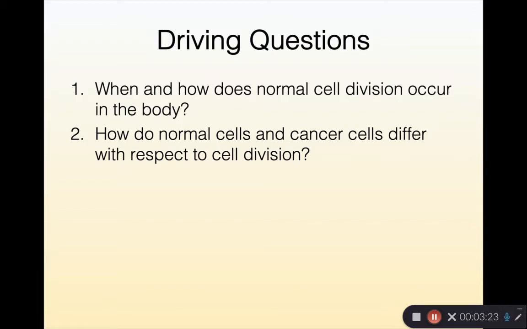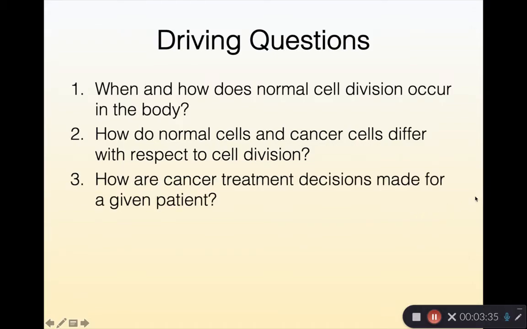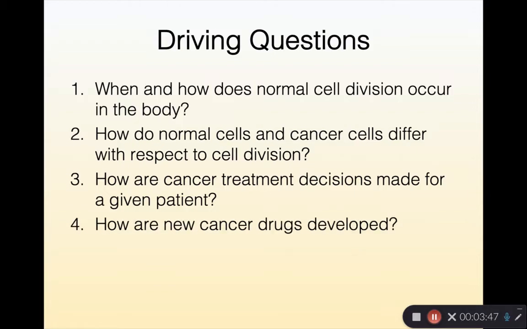We're going to be looking at this through the lens of cancer, and understanding how normal cells and cancer cells differ with respect to cell division. We're going to talk a little bit about how cancer decisions can be made for a given patient, which is more highlighted in your book. And lastly, as I was highlighting with that original slide and research group, understanding how new cancer drugs are developed.